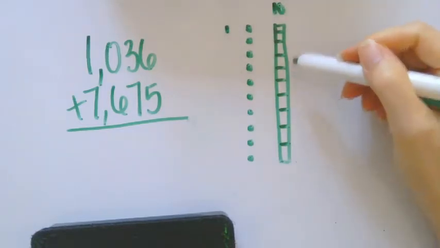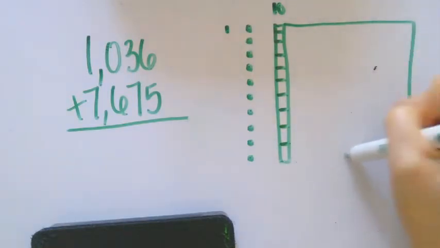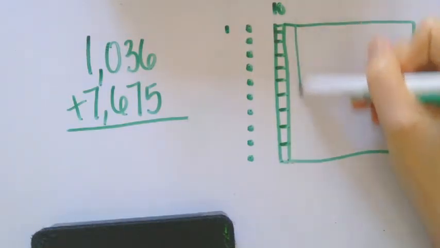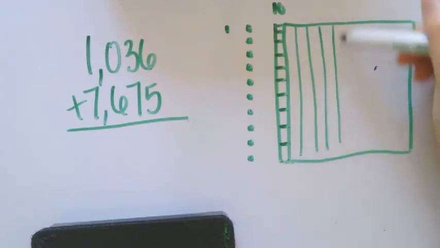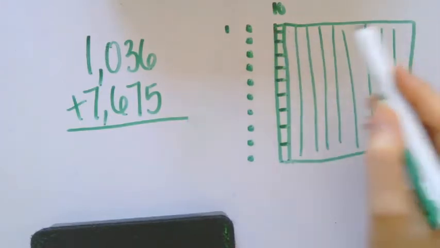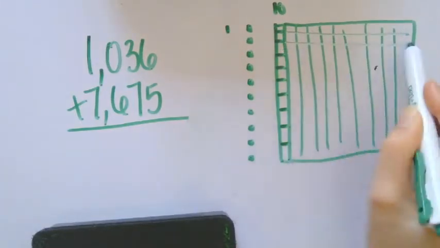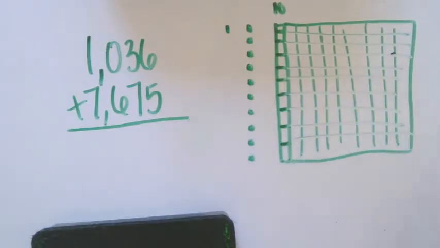And if we now get 9 more of these, I'm not going to draw all of them. Okay, and if I go all the way across, I'm just going to do a few. No, I want to do them all. All right, so now all of these equals 100.